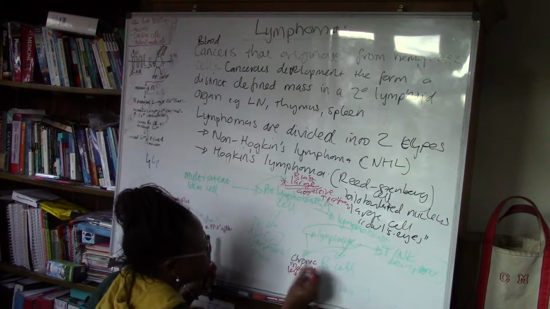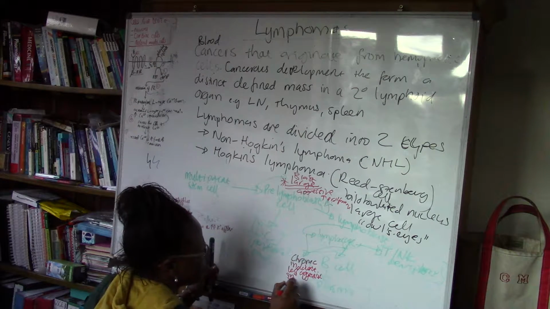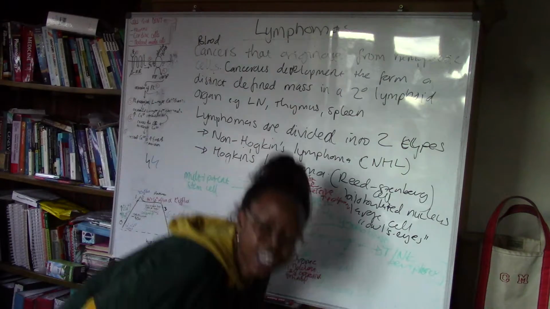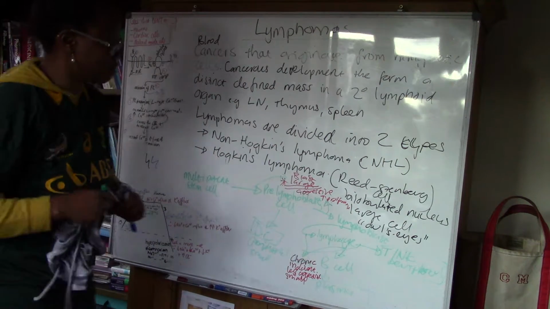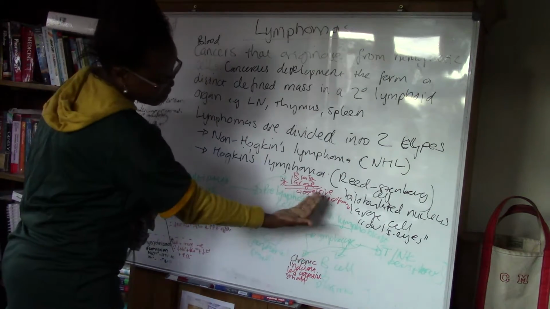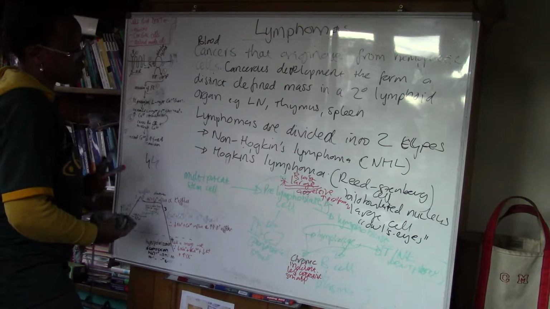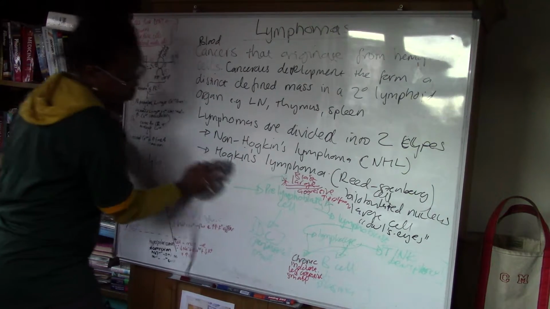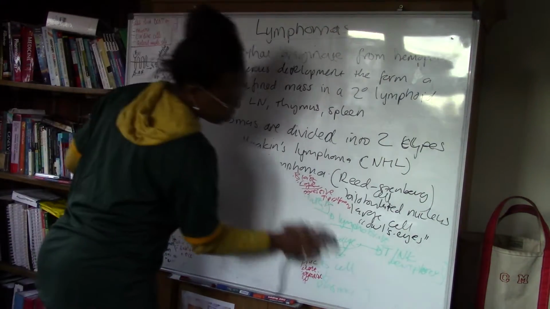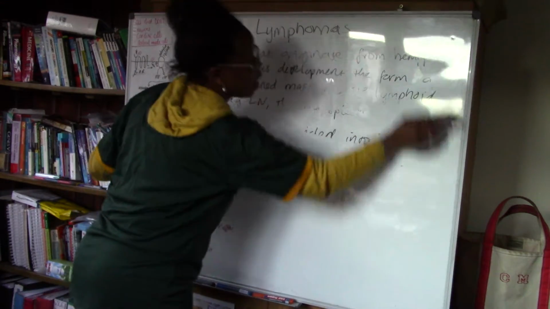And usually it's simple because these are mature cells which are small and much more differentiated, so they are not proliferating as fast as the immature cells that are still trying to grow and become mature. Anyway, that is a very quick definition of what lymphomas are.